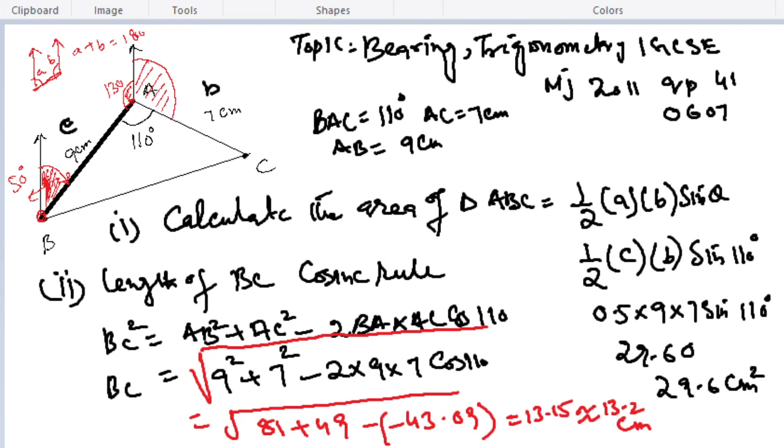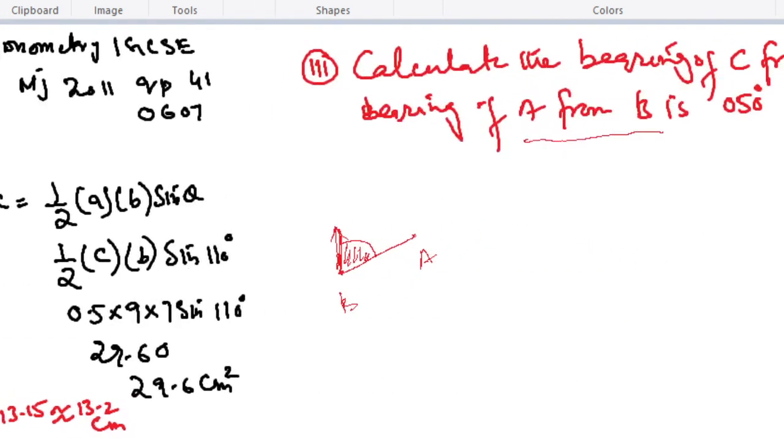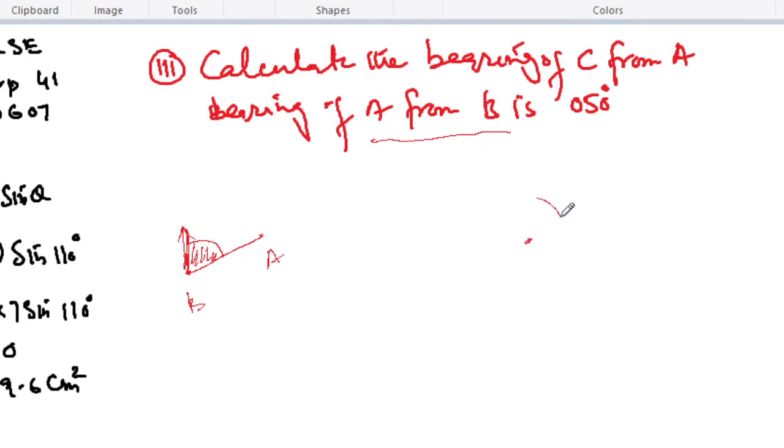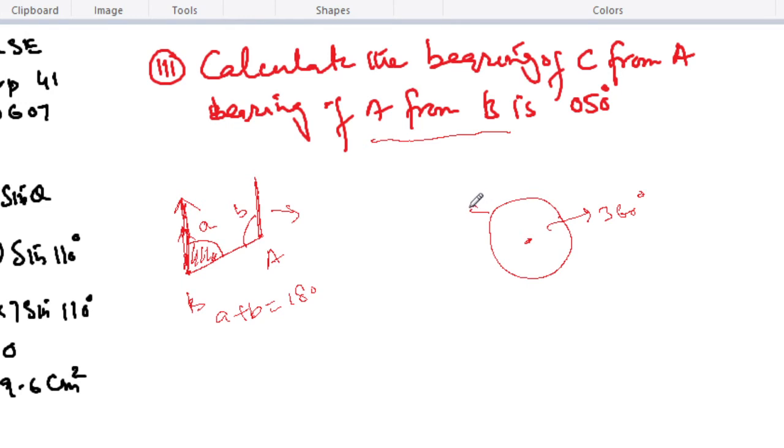Now see, this is the center, this is a circle, and a circle has 360 degrees. So we are using these two properties here. This angle was 50, so I got this angle which is 130, because the sum should be 180 degrees.